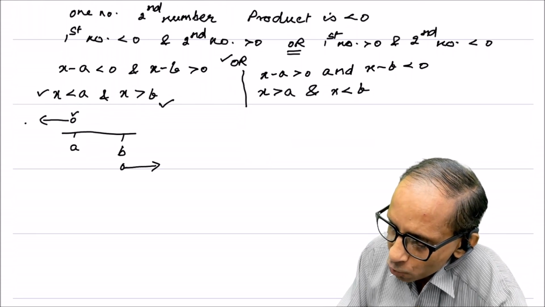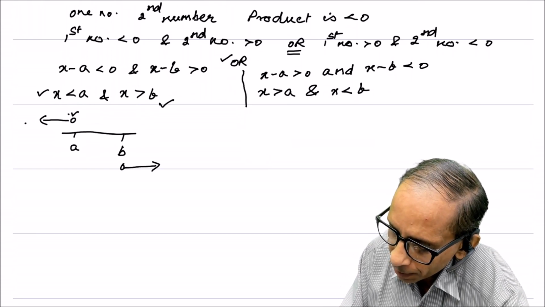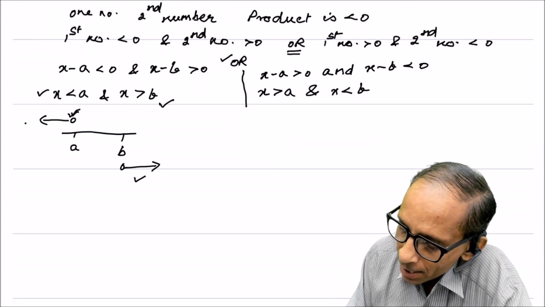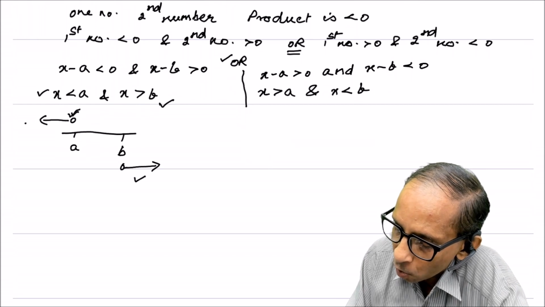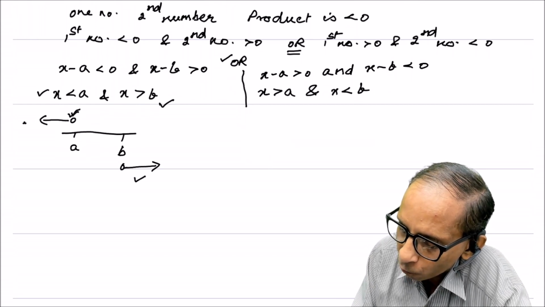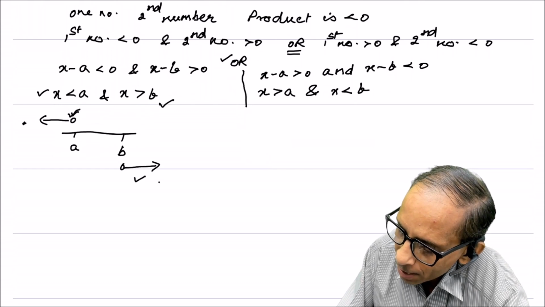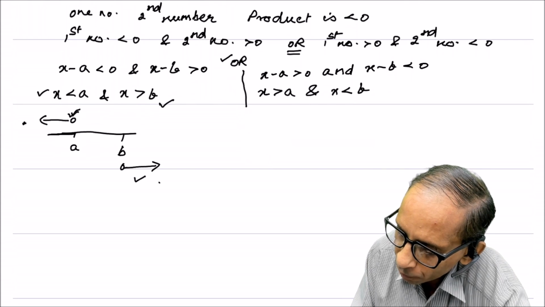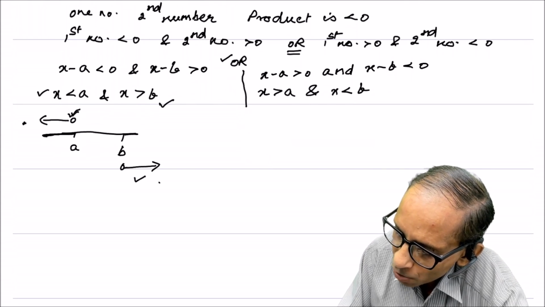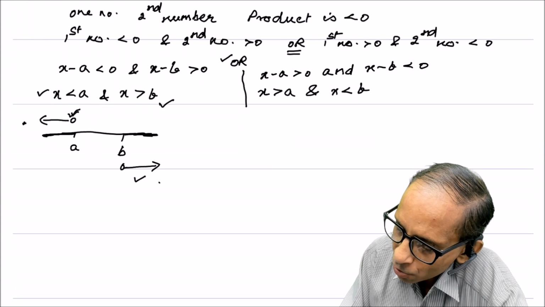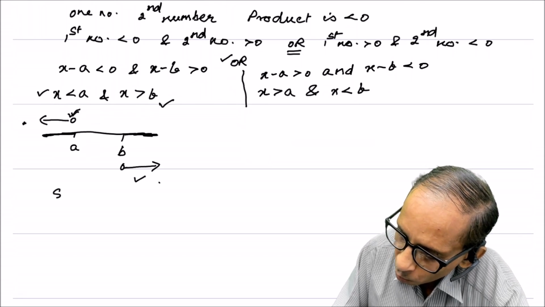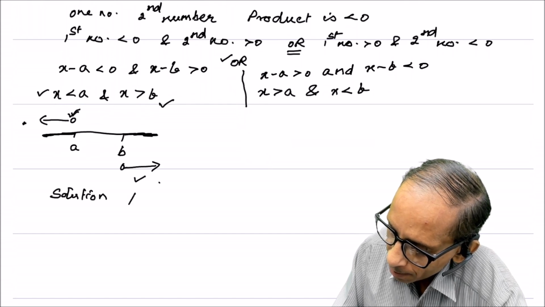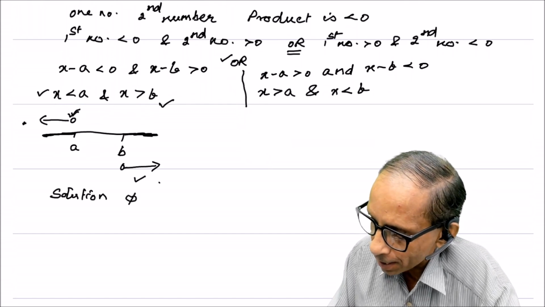So if x has to be less than a, that is it has to be here, and x has to be greater than b here. This cannot happen simultaneously because there is no common region for this upper region as well as the lower region on the number line. The first one has a solution of this region, second one has a solution of this region. There is no common region, so there is no solution available for this case. So we say that the solution set is the empty set.